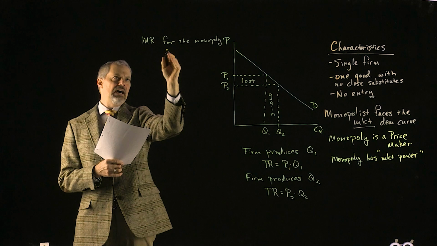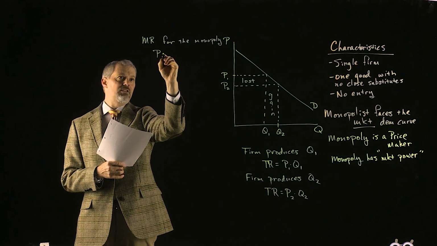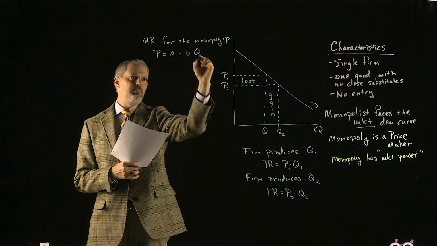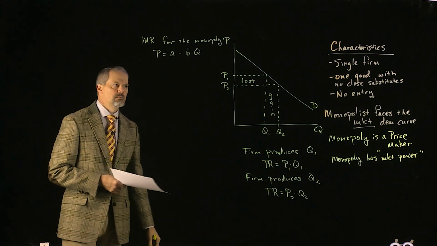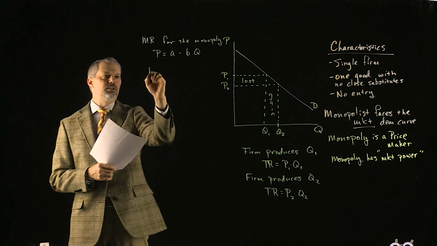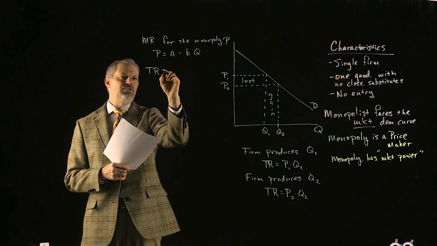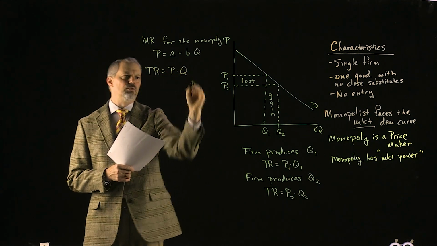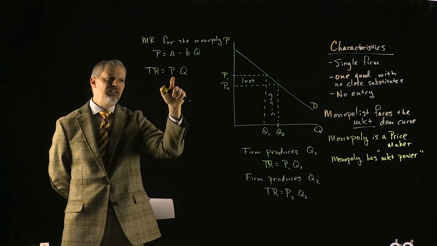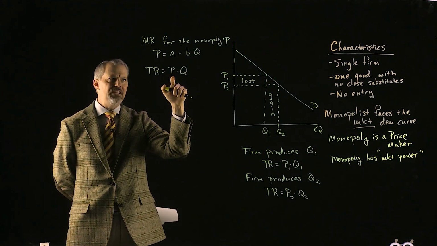Let's consider a demand curve that looks like this: P = A minus B times Q. Nice general demand curve. Our total revenue, we know, is just equal to P times Q. But if this was a competitive firm, that P would not be changing, but it's not.